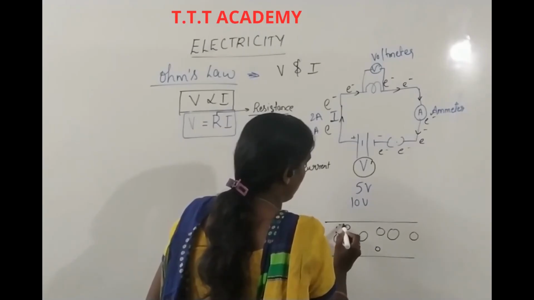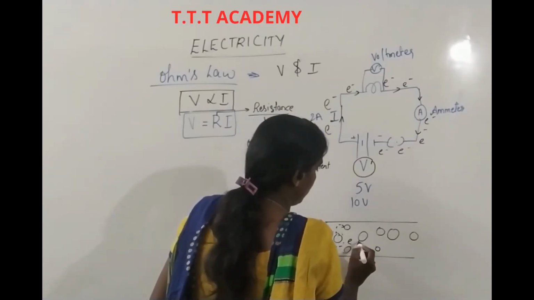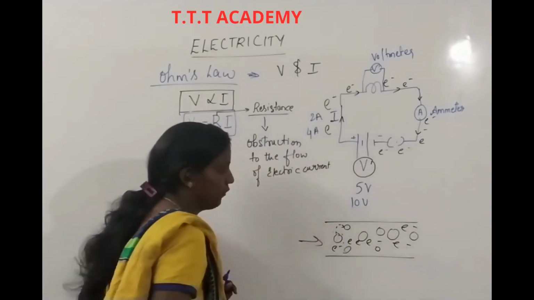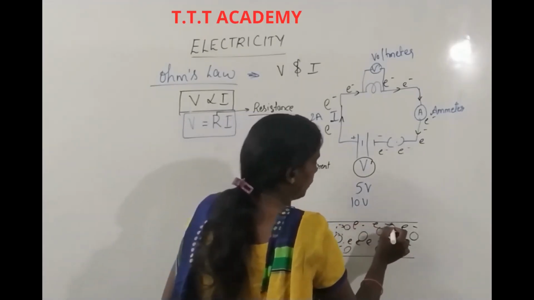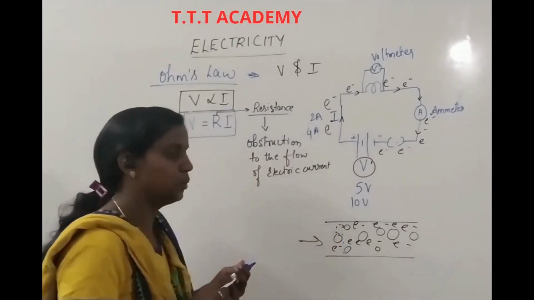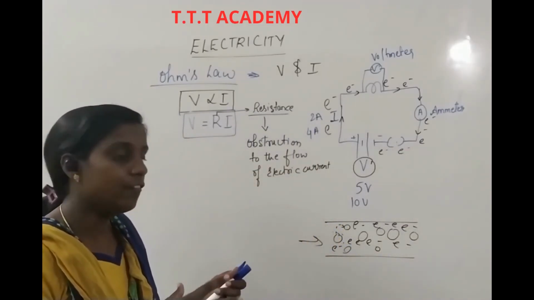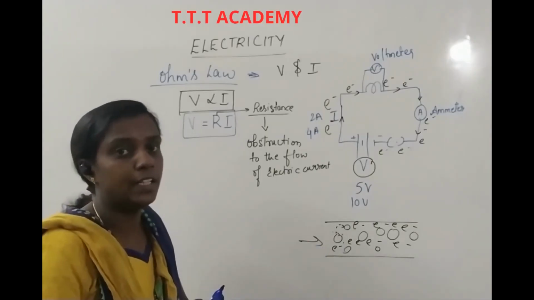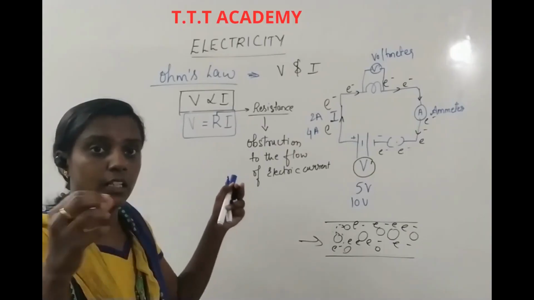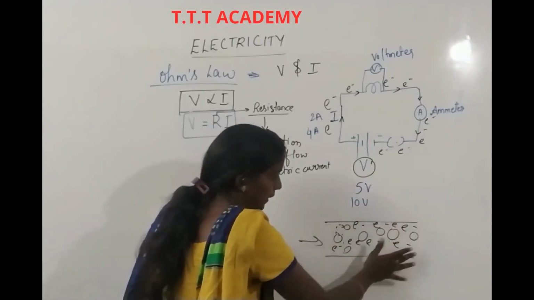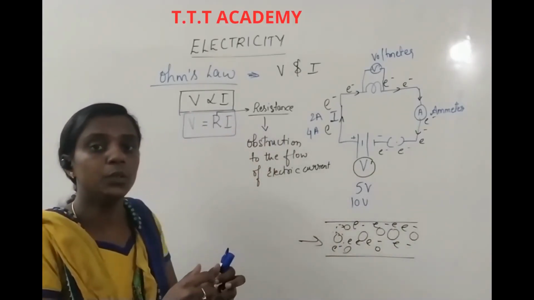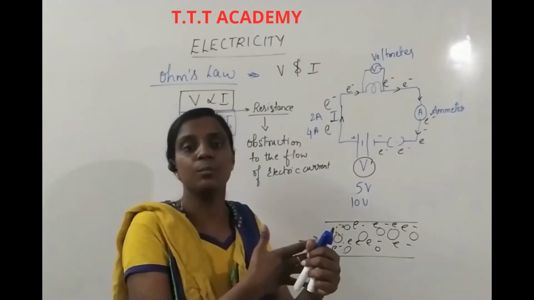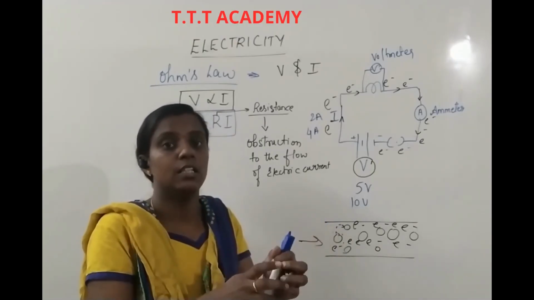These electrons are going to flow when a potential difference is applied. When they are going at very high speed, they hit the impurities and other atoms in the metal wire. There will be a collision between them. That collision is the resistance.